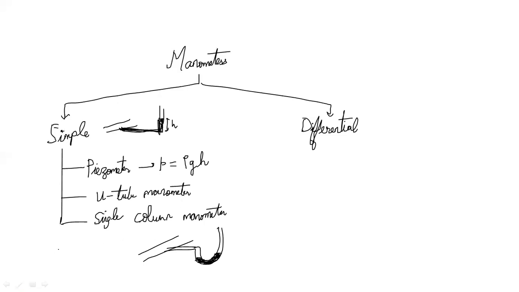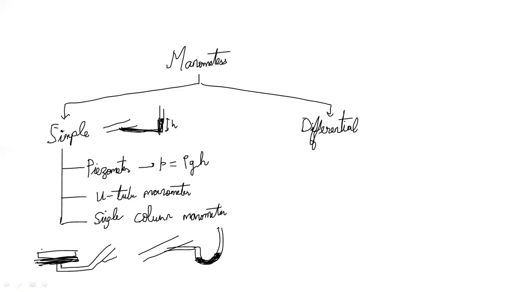Now single column manometers are also one of the types of manometers. Suppose we have a reservoir like this. In order to measure the pressure of a reservoir, a different type of manometer is used, known as the single column manometer. One end is inserted into the reservoir and the other end is kept open to atmosphere.